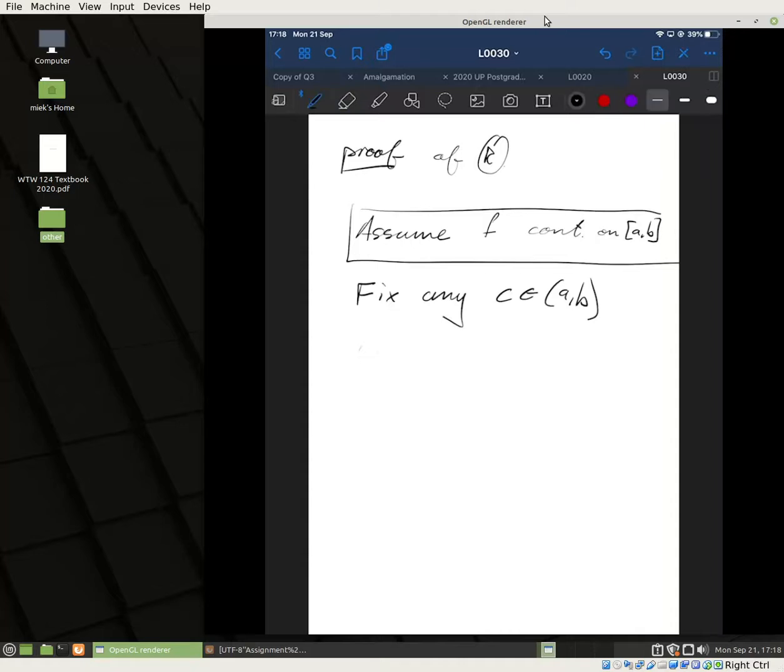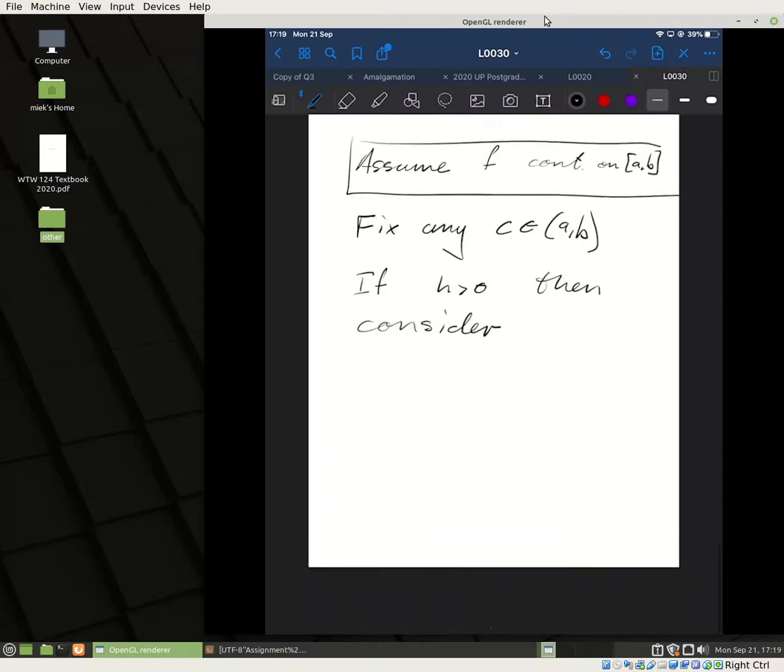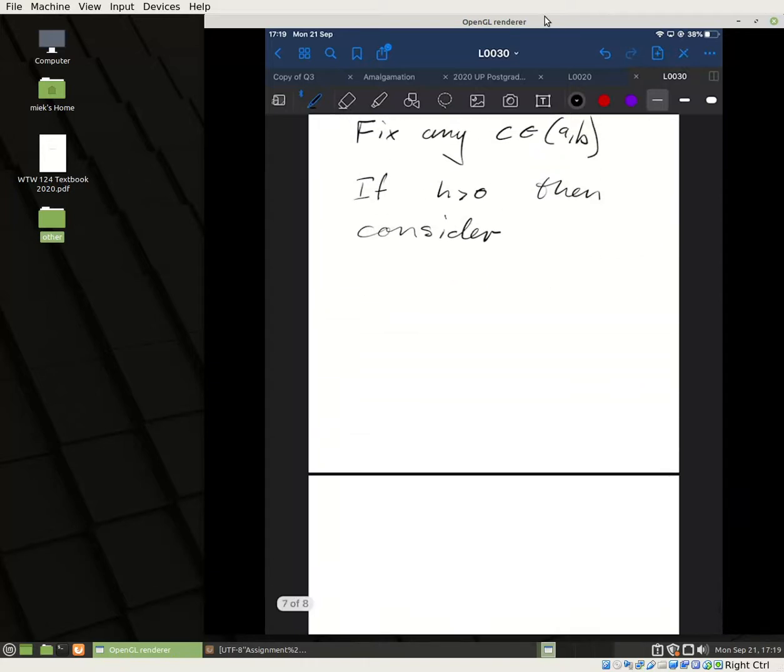Before we do that, let us consider the expression that we are interested in. So if h is positive, consider the following. We are interested in the expression F(c+h) minus F(c) over h, minus little f of c.